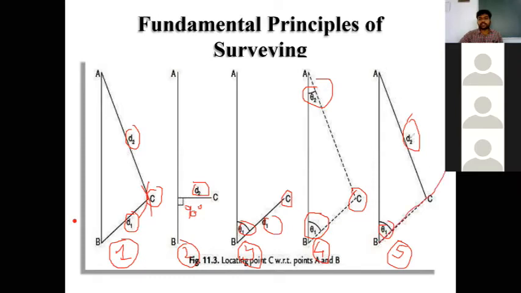Putting the tape here, you're going to measure up to a distance of D2. Wherever it intersects, that point we're going to call C. So this is the second case of the principle: with the reference of two points, we're going to establish a new point.